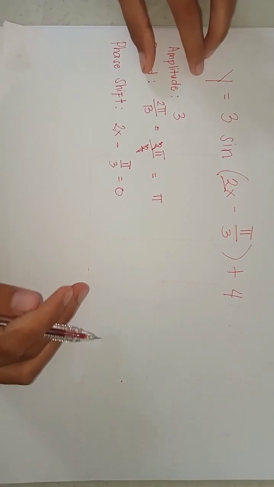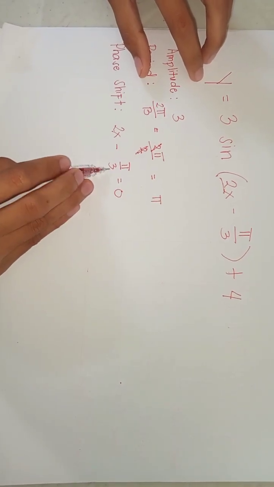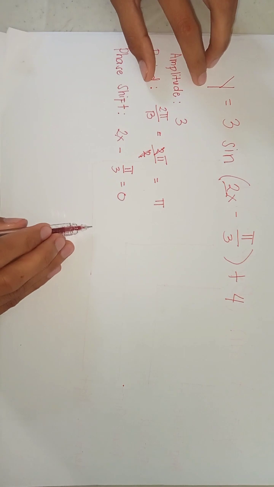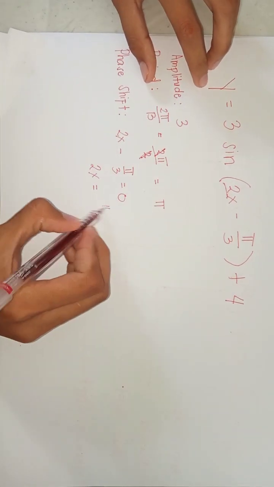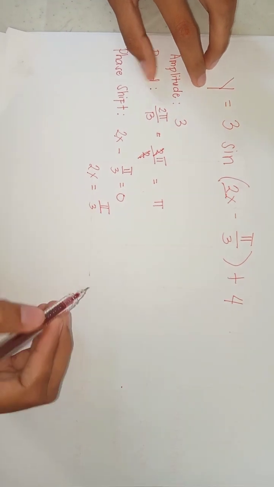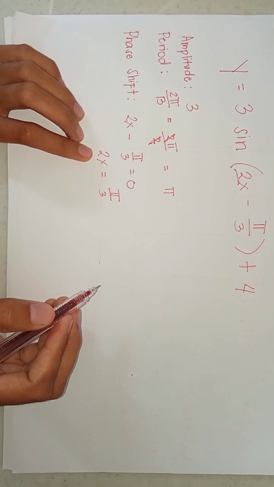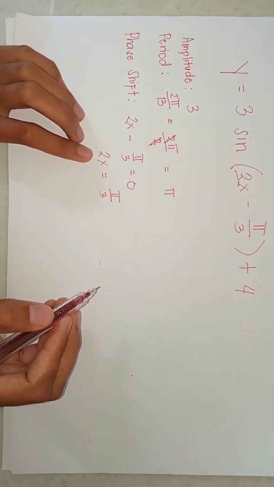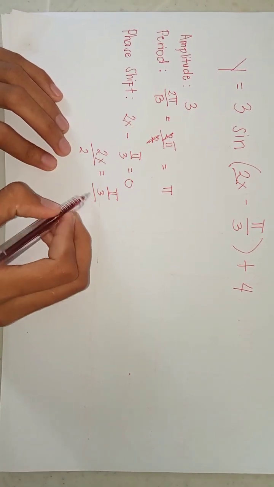To get the value of x, we can transpose negative pi over 3 into pi over 3. So we have 2x equals pi over 3. And now, we can see that the x still has the coefficient, which is 2. So we can divide both sides by 2.